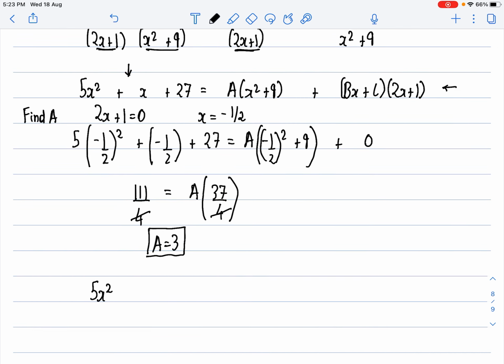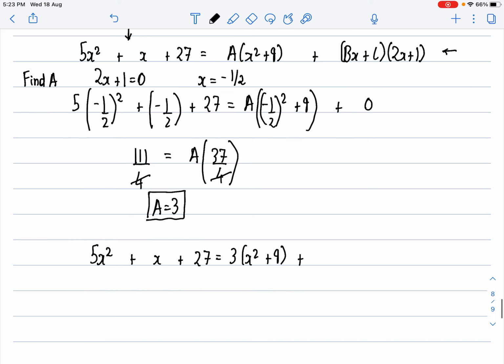So you can write this equation here with the value for a. So you can write this as 5x square plus x plus 27, which is equal to 3 into x square plus 9, plus I can write this as bx plus c into 2x plus 1.